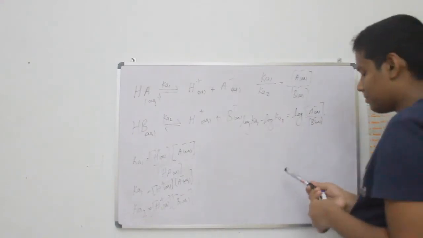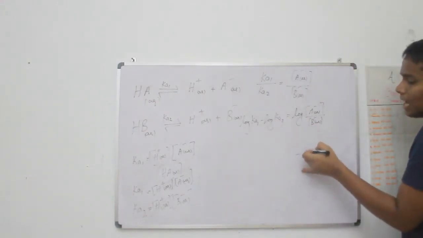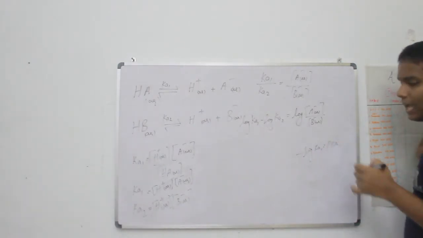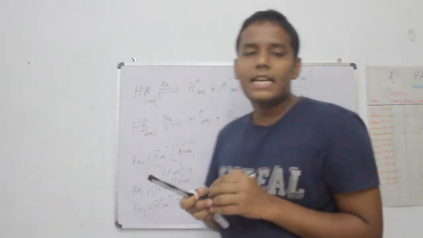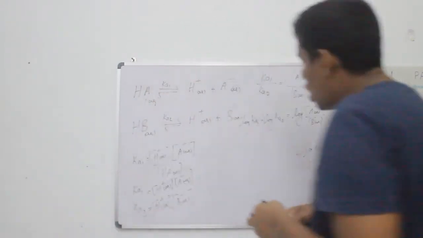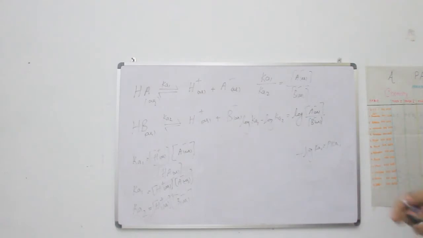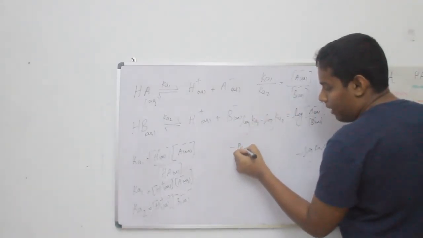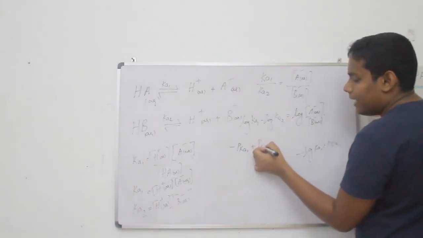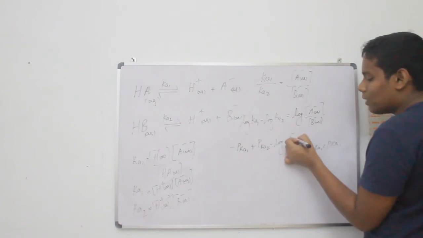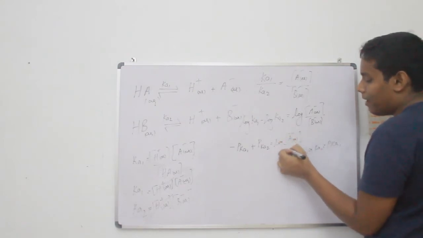But you know that minus log Ka1 equal to pKa1. So log Ka1 is how much? Minus pKa1. So minus pKa1 plus pKa2 equal to log A minus aqueous concentration divided by B minus aqueous concentration.